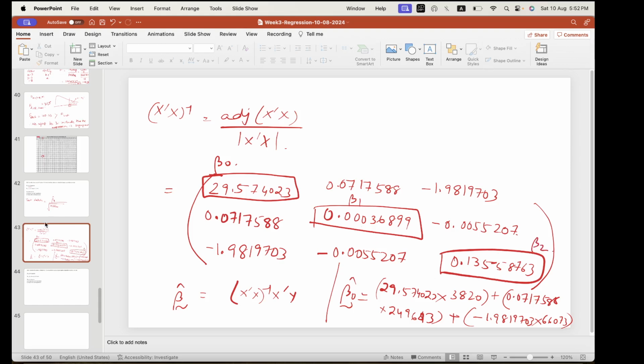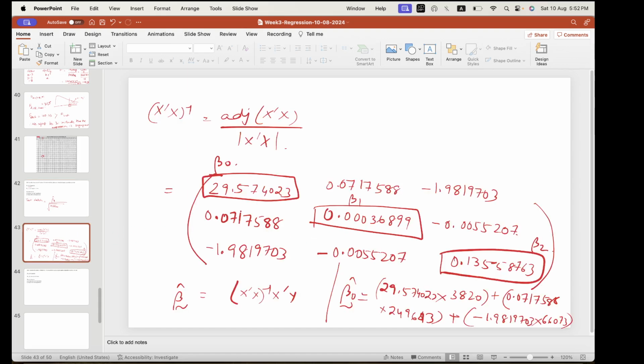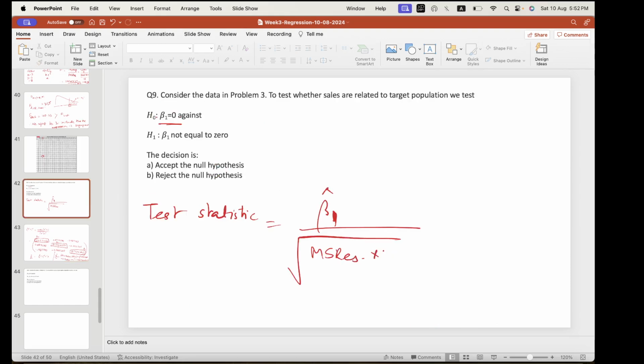So for this we'll have MS residual times the 2/2th element of X prime X inverse. So we have 0.000036899, and this under H naught would follow a t n minus k distribution.